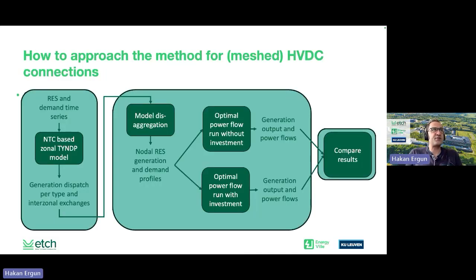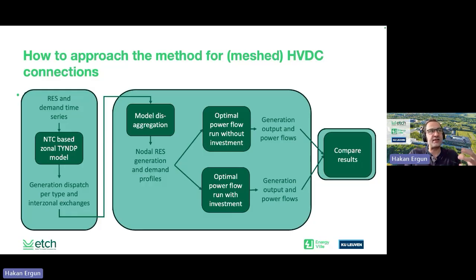So the process that we are going to follow today is where we will start from renewables and demand time series. Then we are going to solve an NTC-based zonal 10-year network development plan model, where we are going to obtain the generation dispatch per generator type.